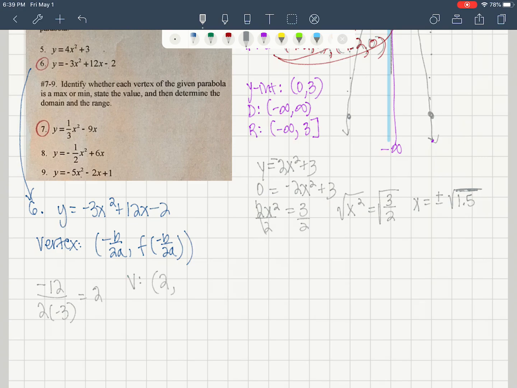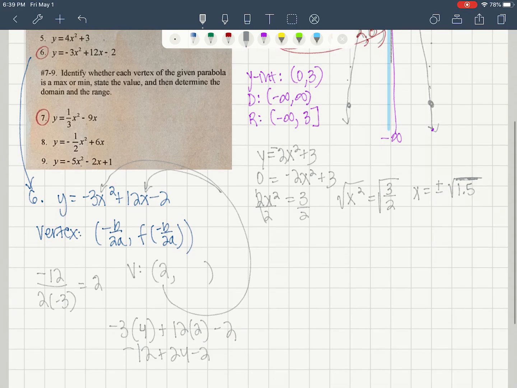Now I need to put that 2 into the function, for the x value, and compute the y value. So I've got negative 3 times 4 plus 12 times 2 minus 2. So negative 12 plus 24 minus 2, that's 12 minus 2, which is 10. So the vertex is 2, 10, and the axis of symmetry is x equals 2.